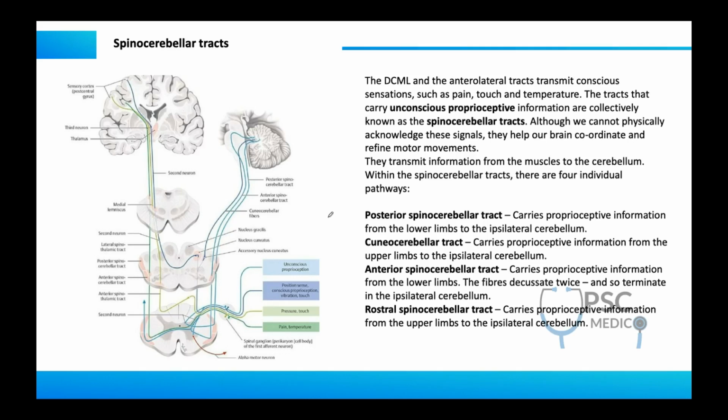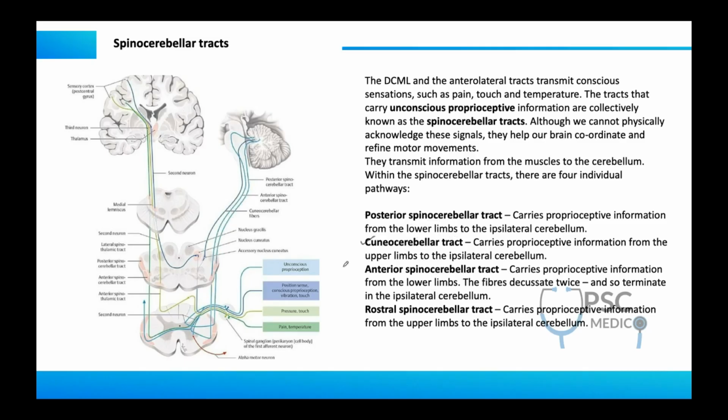The posterior spinocerebellar tract carries information from the lower limbs, and even the anterior spinocerebellar tract also carries proprioception from the lower limbs. And the logic is both of these tracts terminate on the ipsilateral side, as you can see here. They are not crossing.